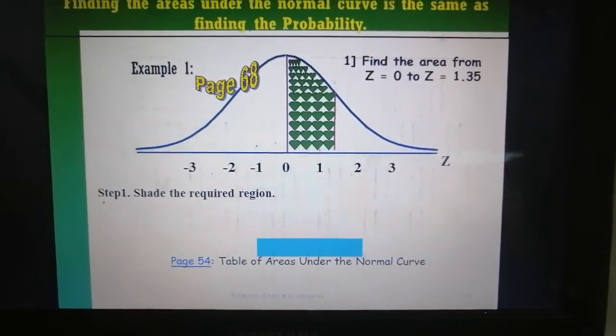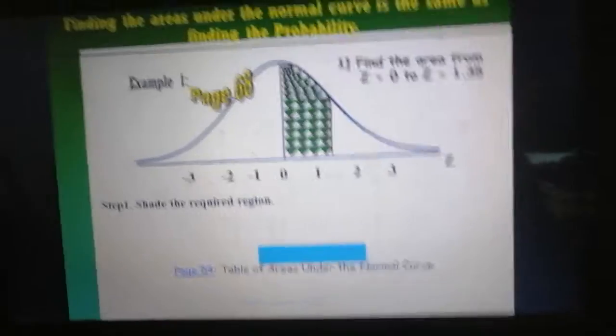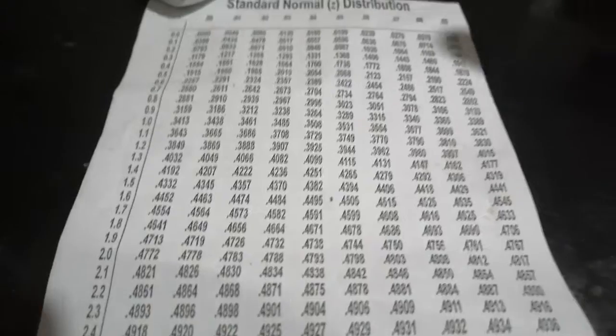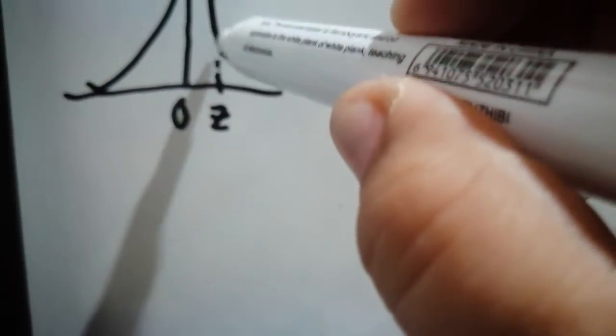How will we find the area from 0 to 1.35? This table gives you the area from the mean 0 to any z that you want, whether positive or negative.